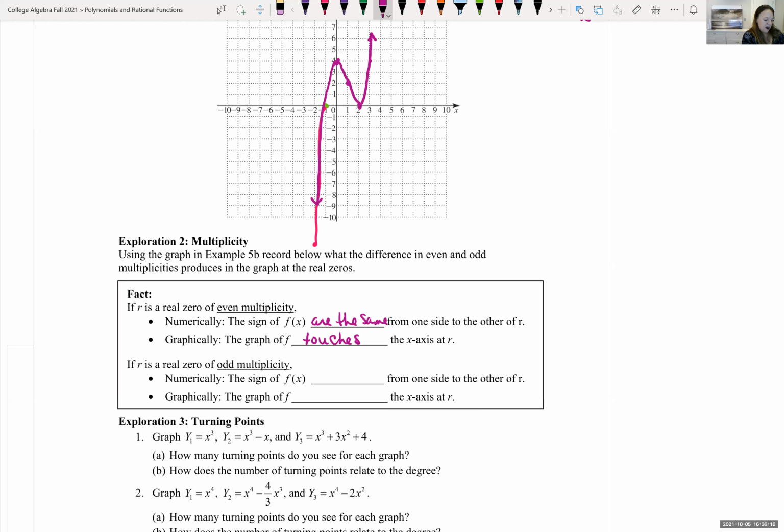If r is a real zero of odd multiplicity, numerically, the signs of f of x are opposite from one side to the other of r. Graphically, the graph of f crosses the x-axis at r if we have odd multiplicity.